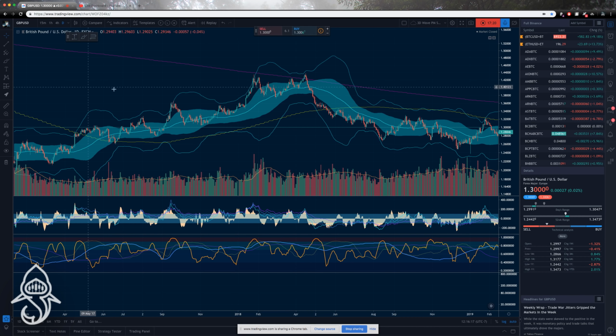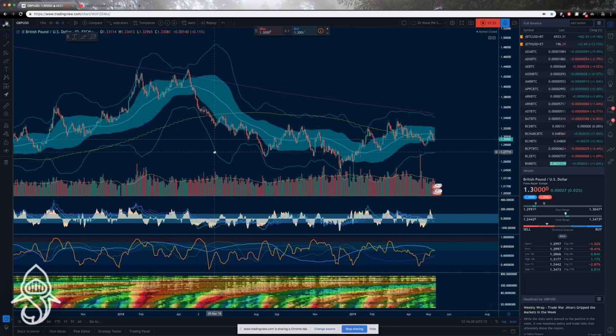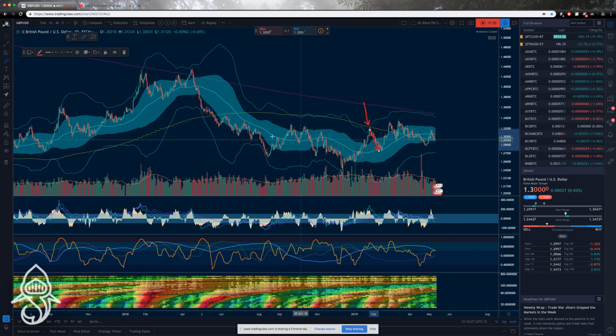Okay? Every time we're in a state of expansion, and we tag the 3.2 standard deviation, we actually called that short right there. We called that. That was a great short. Right? Every time we tag these extreme values, there is a very immediate reversal. Now, when there is a state of true expansion, like here, do you see this wave PM cross? Where everything is expanding in the same direction? That would not be a signal.